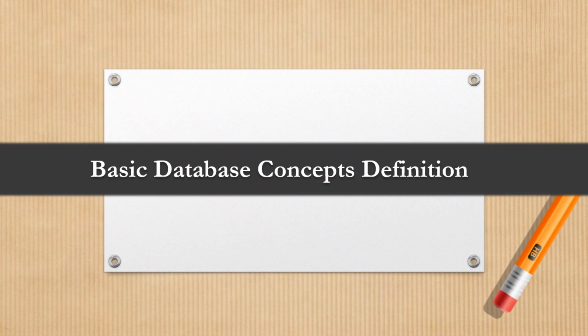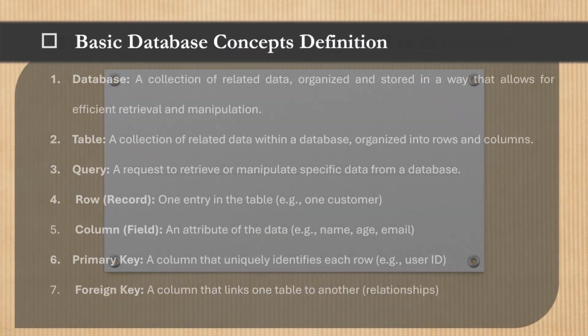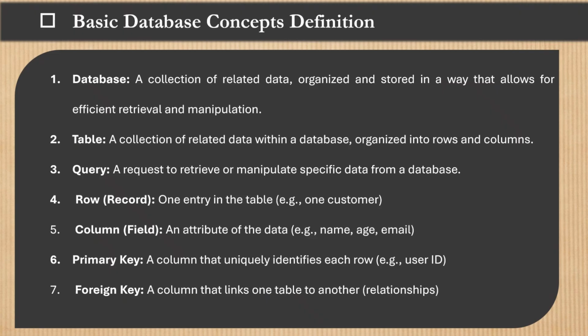Basic database concepts definition. These are the basics we need to understand when it comes to SQL. Number one, the database. The database is where data is collected, organized, and stored in a way that allows efficient retrieval or manipulation of the data.